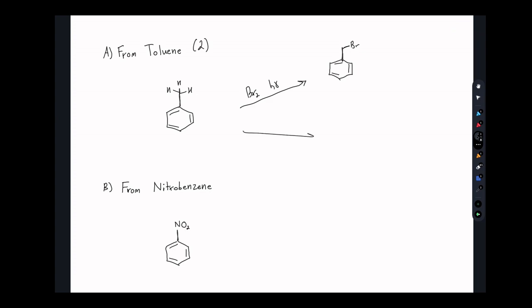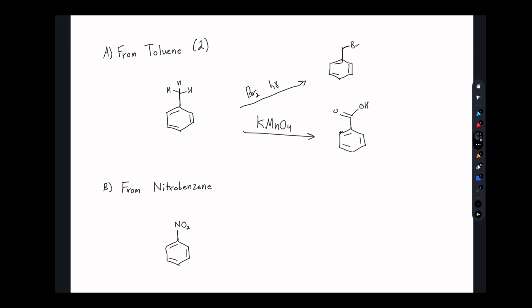A more useful one that gives us a functional group that we couldn't otherwise have is the use of potassium permanganate, which is KMnO4. We'll talk about KMnO4 again soon in the oxidation reactions, but briefly, it's a very strong oxidizer. It's going to cause a lot of oxygen to join the molecule. And what this does is it converts that methyl group into a carboxylic acid.